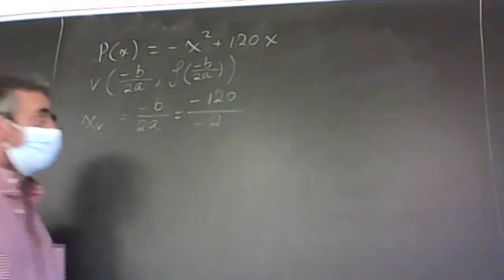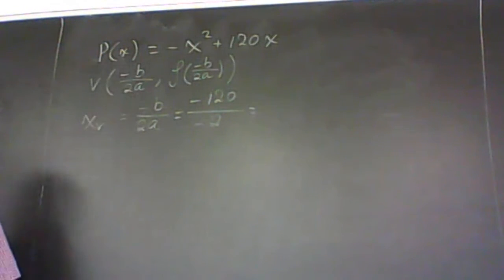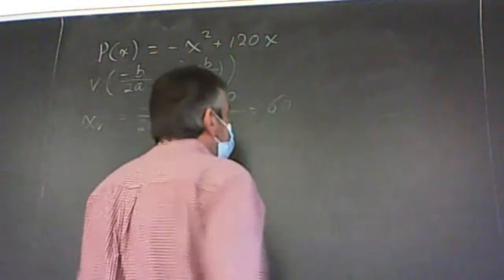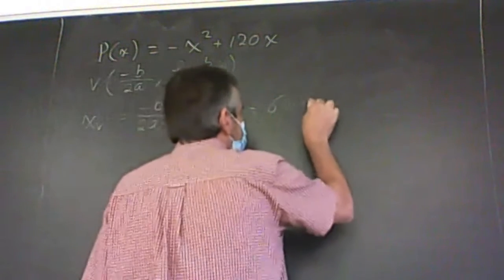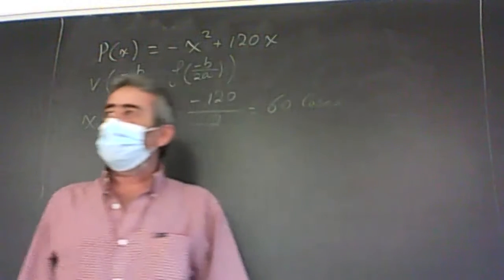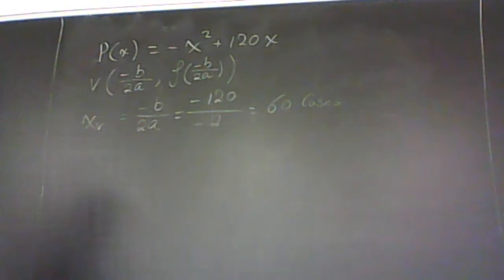So far so good. And then when I divide those two numbers, we end up with 60. This number represents the number of cases. So we end up with 60 cases. Yes?